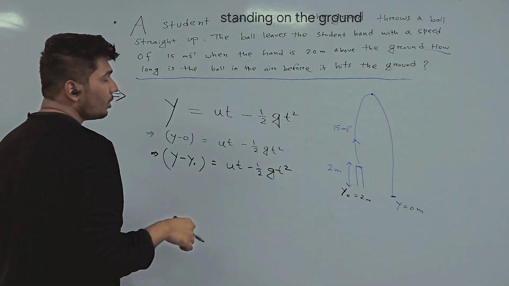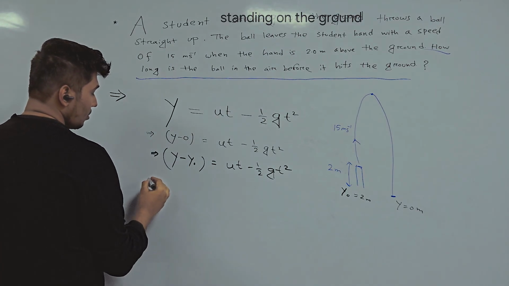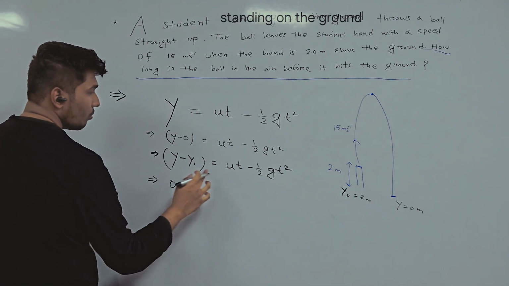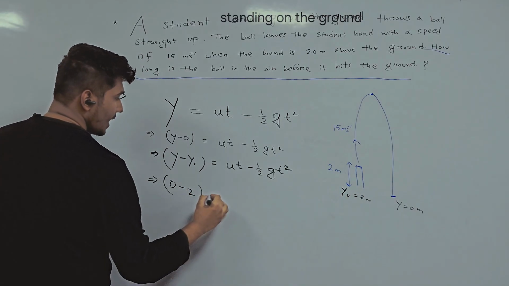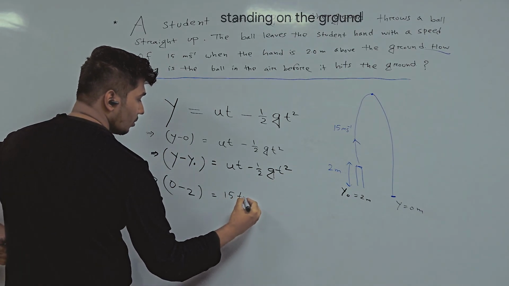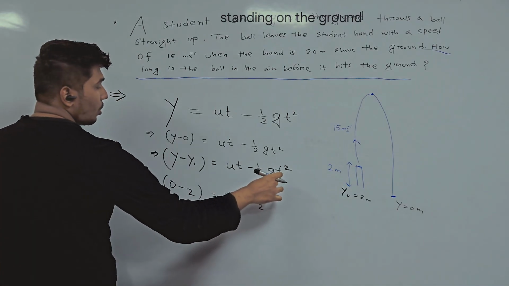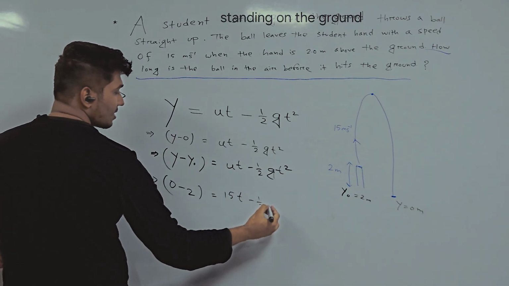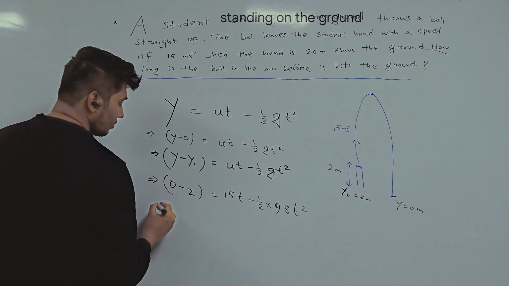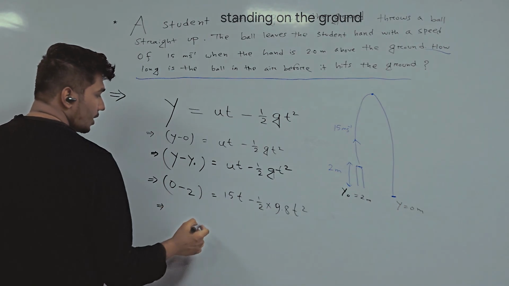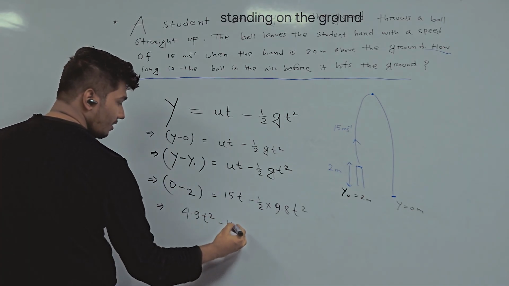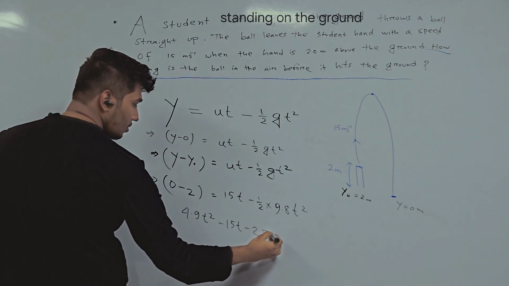So we will just put the known values in this equation. The value of y, the final position, is 0. The initial value of y was 2, and the value of the velocity is 15. We don't know the time, and half. We all know the value of gravitational acceleration, which is 9.8, and t square. If we solve this, we will get a quadratic equation, which is 4.9 t square minus 15t minus 2 is equal to 0.